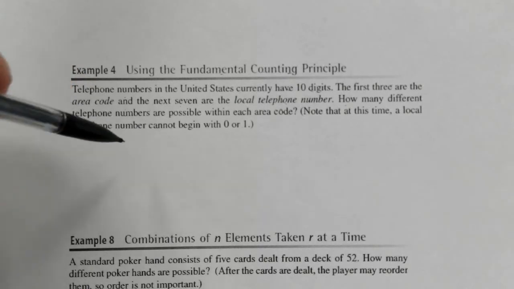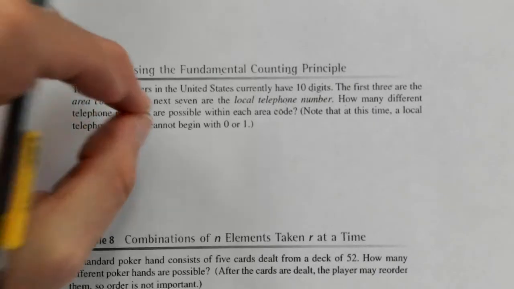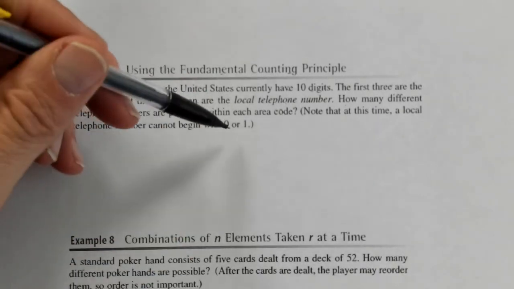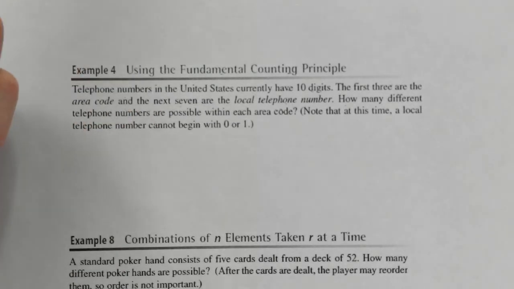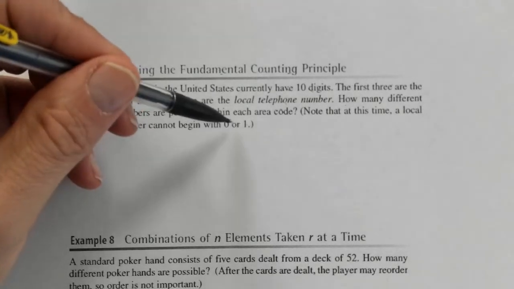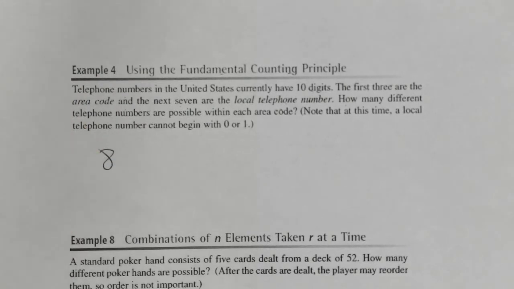Now, here's what we've got to figure out. For the first digit, how many different numbers can that first digit be? Remember, it can't be 0 or 1, but it can be 2, 3, 4, 5, 6, 7, 8, or 9. So if you take out these 2 digits, the first digit has 8 choices left.